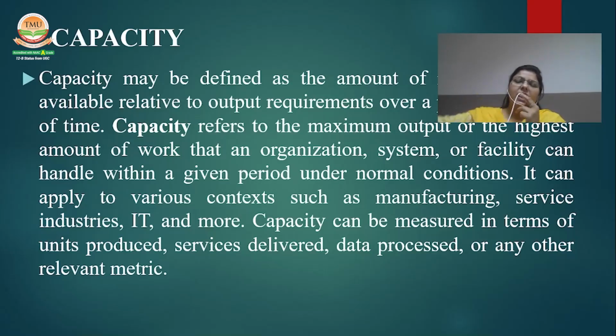So basically the maximum output you are giving is called your capacity. We can provide more and more manufacturing units, so you should have the capacity to give the best production in a lesser time.